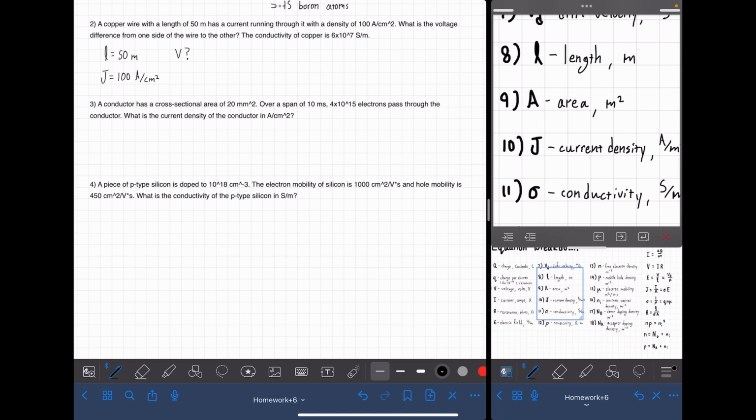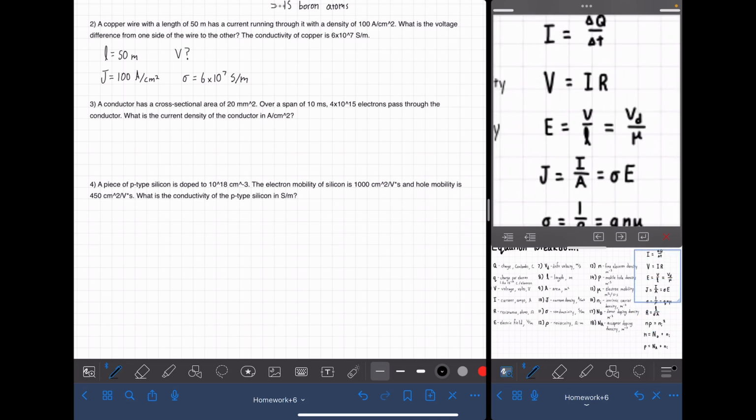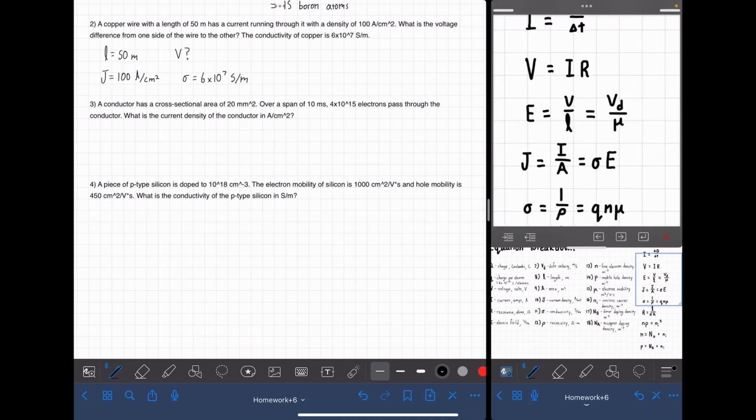And we know that the conductivity, sigma, is equal to 6 times 10 to the 7 Siemens per meter. So let's see what equations we can use to link these together.